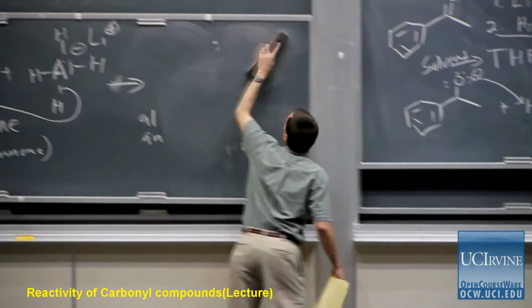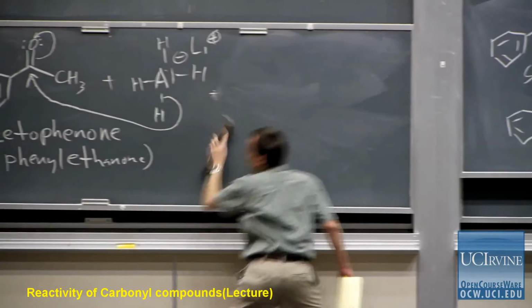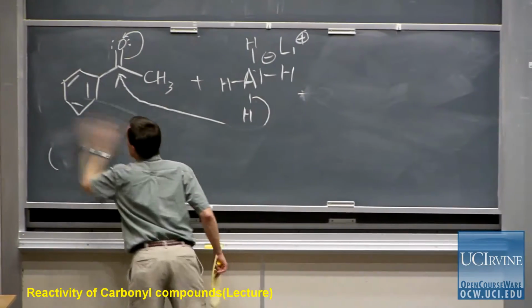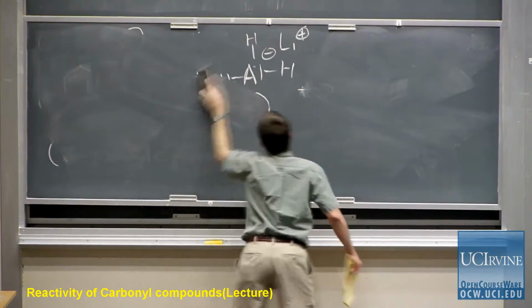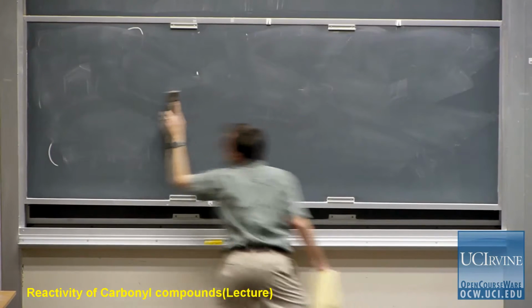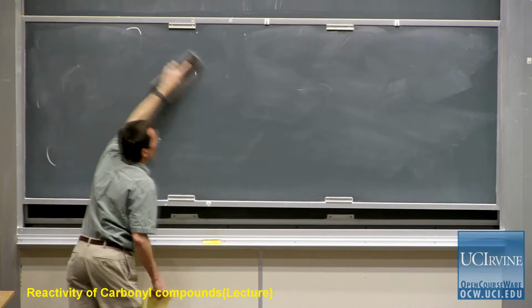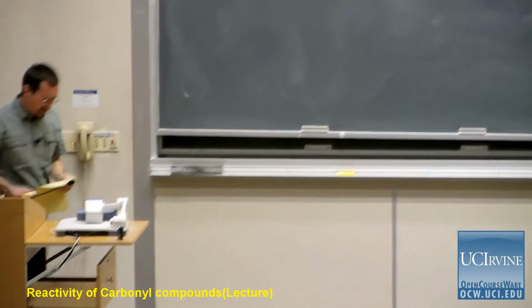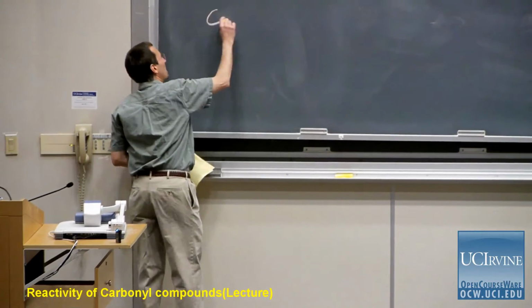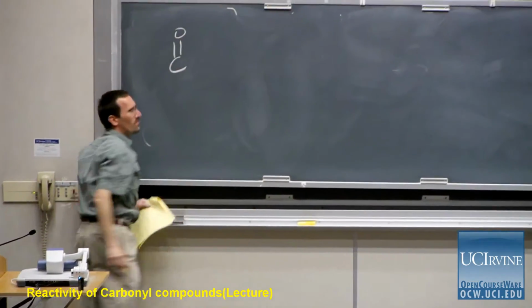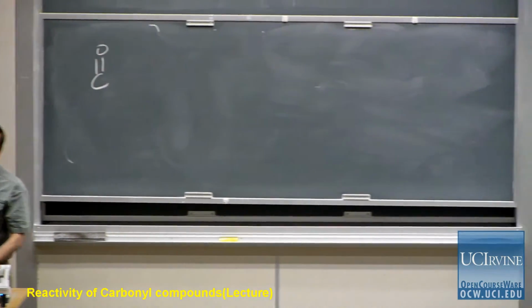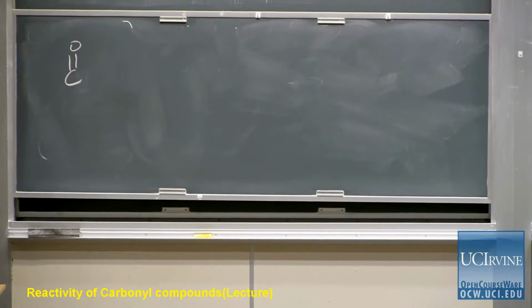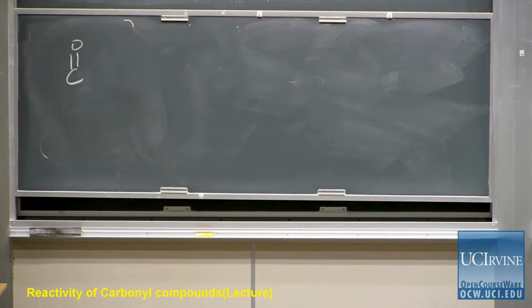All right, there's a concept that really is useful in permeating your thinking, and that concept is oxidation state. And I introduced it last time when I was talking about the carboxylic acid family. And I said in the carboxylic acid family, the oxidation state of the carbon is +3.